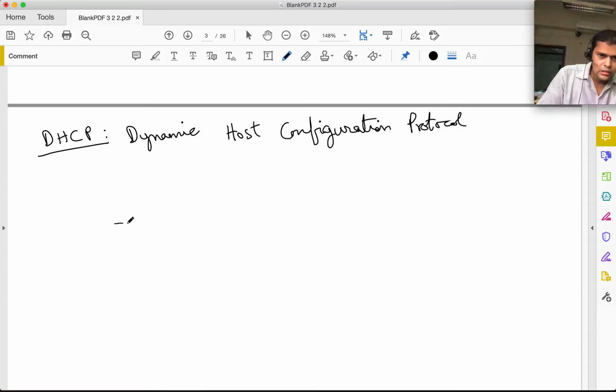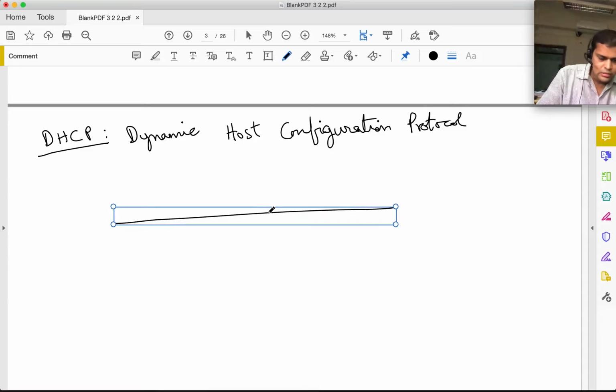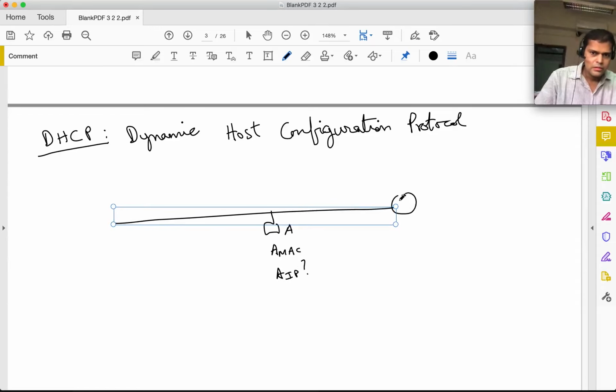So let's look at this example. There is a host A, and as usual it knows its own MAC address because it's there in the hardware, but it doesn't have an IP address. And let's say that there is an IP router R. On this network, let's assume that there is a DHCP server.